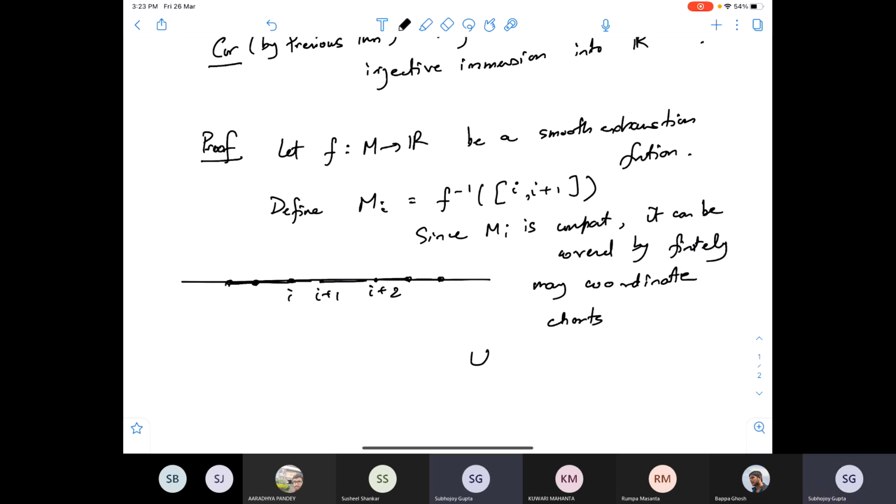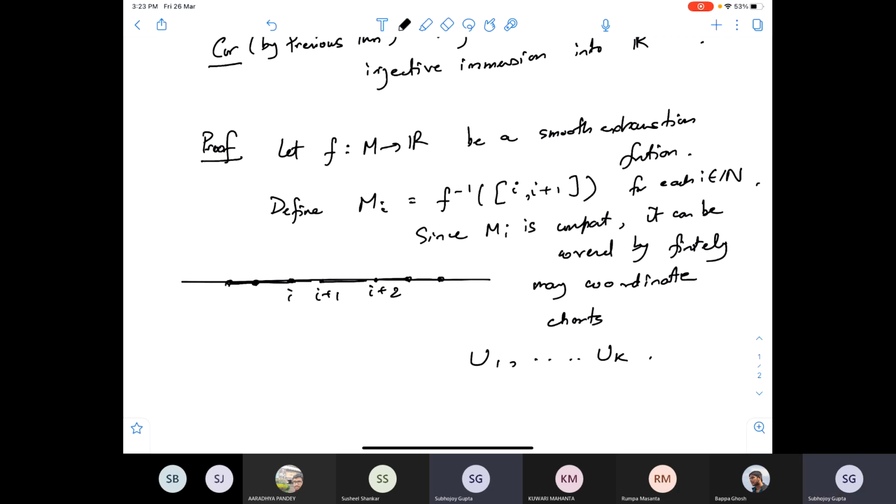Let's call them U_1 to U_k. This is for each i in N, but let's focus on one such M_i for now.